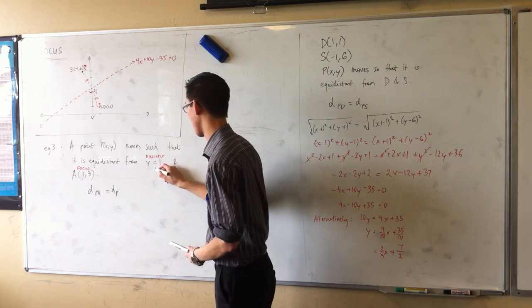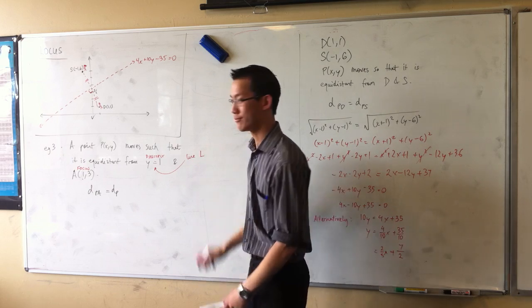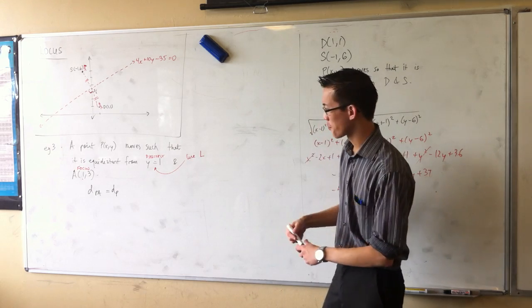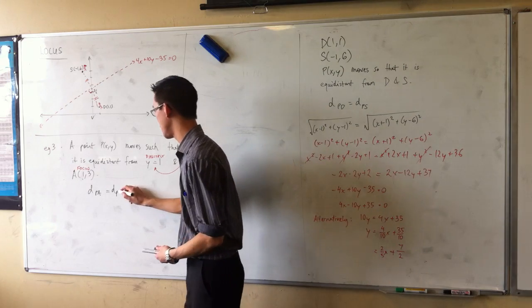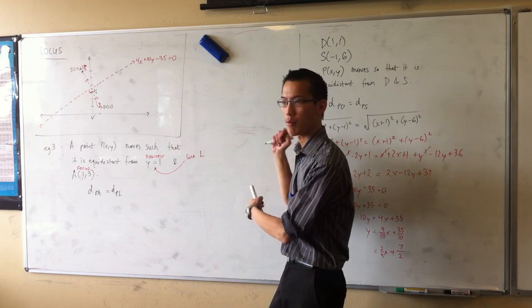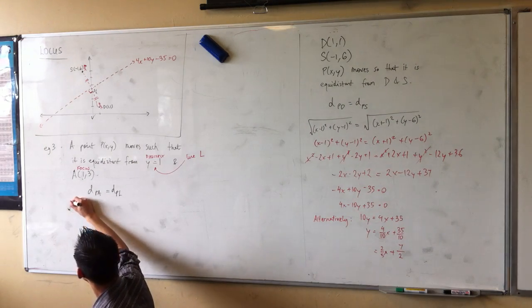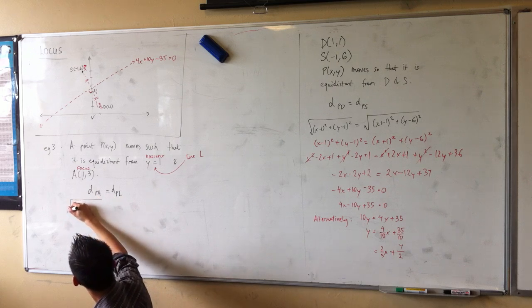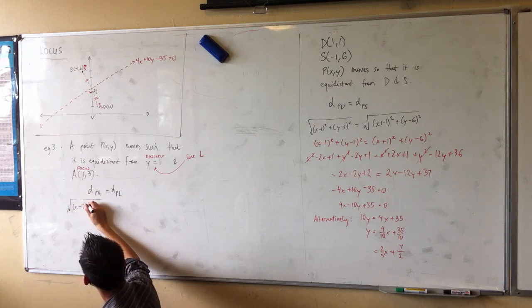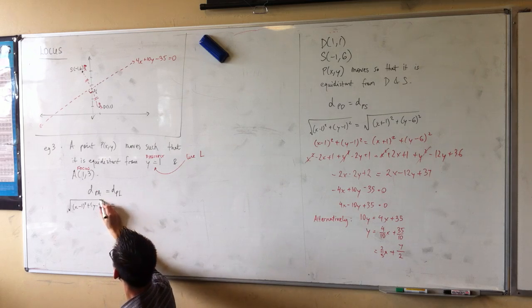So let's call the line L, for line. So distance PA should be the same as distance PL. Left-hand side, super easy. What we've been doing before, just a straightforward distance formula. So I've got the square root of (x minus 1) squared plus (y minus 3) squared.